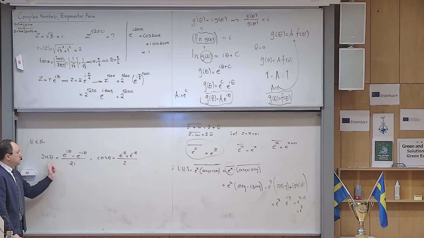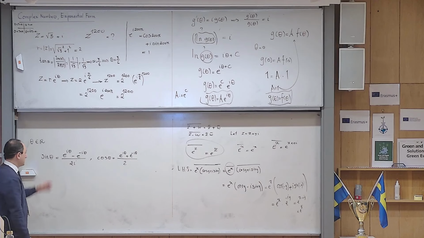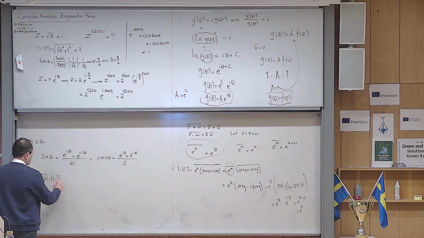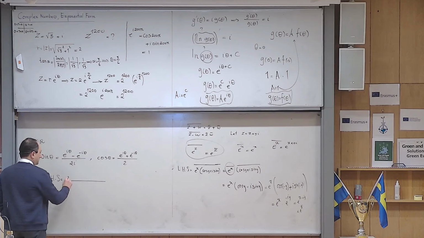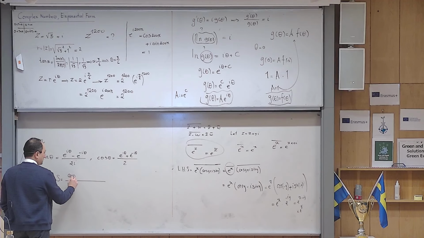This is an identity I want to prove. So it is better to start from the side which is more complicated, simplify it, and reach the other side. So the right-hand side, what can I do? Instead of e to the power of i theta, I can write, according to De Moivre's formula, cosine theta plus i sine theta.